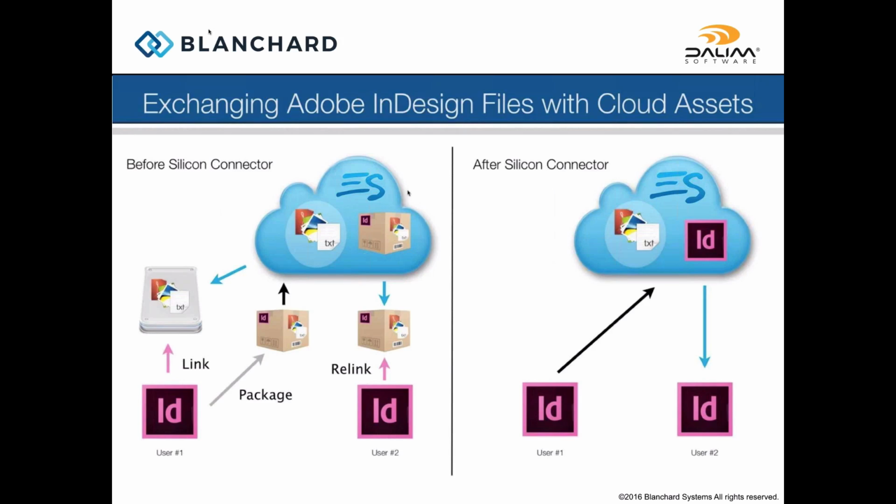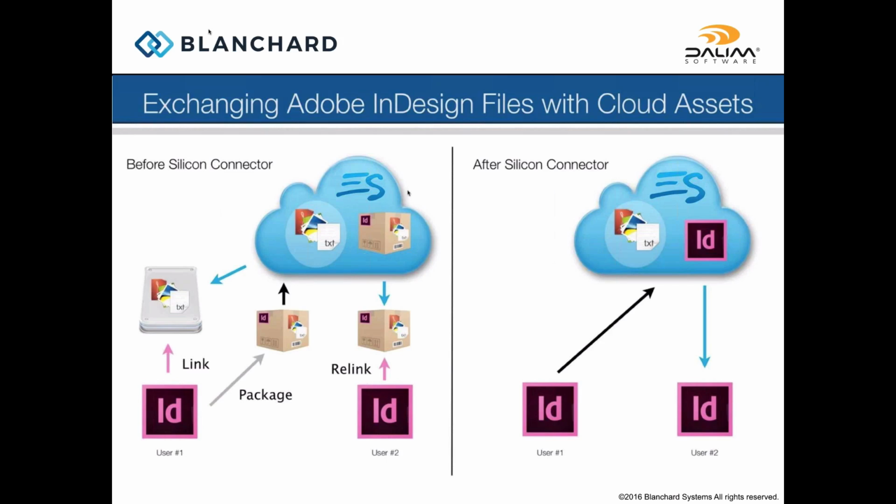Once we get the Silicon Connector plugin for CC, you'll be able to actually place the elements directly from ES onto your page in InDesign and only save that InDesign file to ES. Someone could then download the InDesign file, open it, and the links to the high-res files will all be to the cloud or to wherever the ES system resides based on a URL.